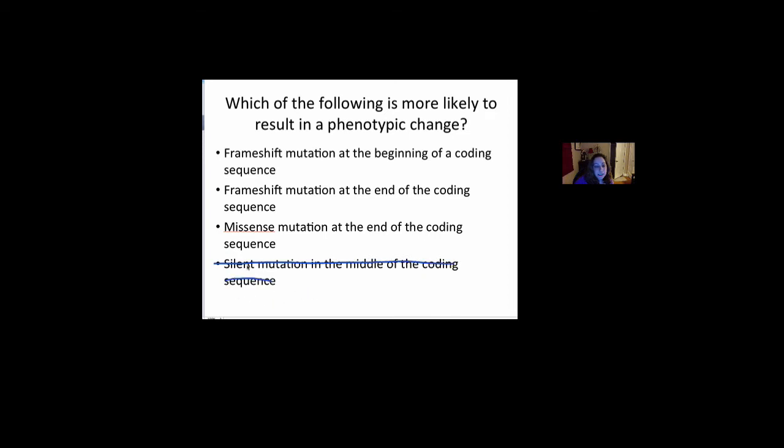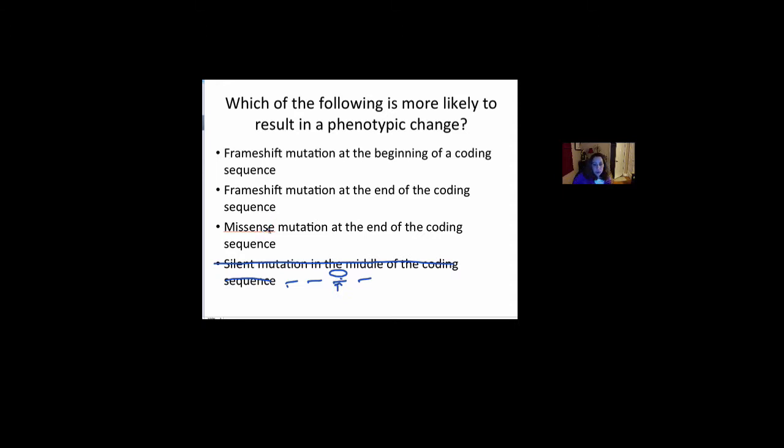And the reason is a silent mutation doesn't change the amino acid. If you have a protein, a string of amino acids, and this triplet codon here has a silent mutation, it's not going to change this amino acid. So it's likely not going to generate a phenotypic change.